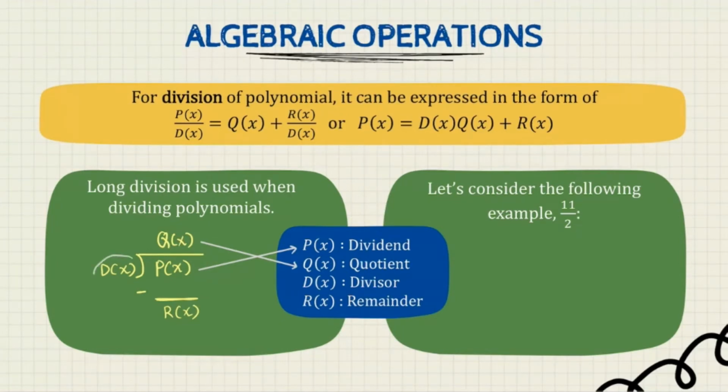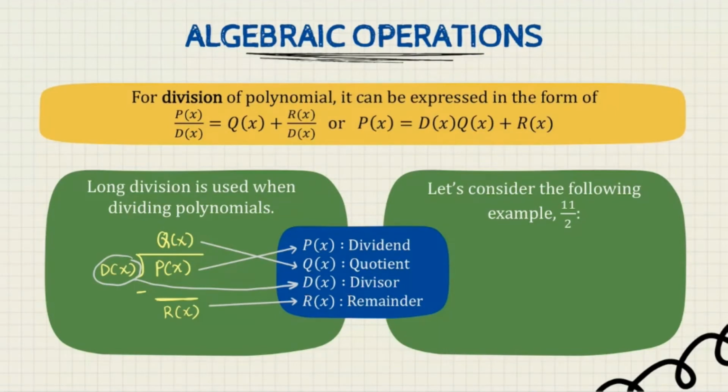And divisor ni yang kat luar ni, ataupun dia adalah denominator kita daripada this one. Okay, and Rx, so R ini represent kita punya remainder. Okay, so ini adalah in terms of dia punya title kepada term-term tersebut lah. Px dividend, Qx quotient, dx divisor, Rx remainder.